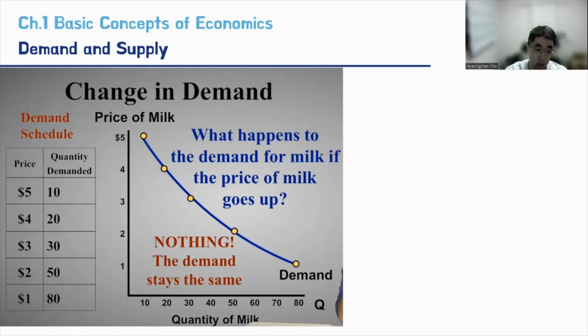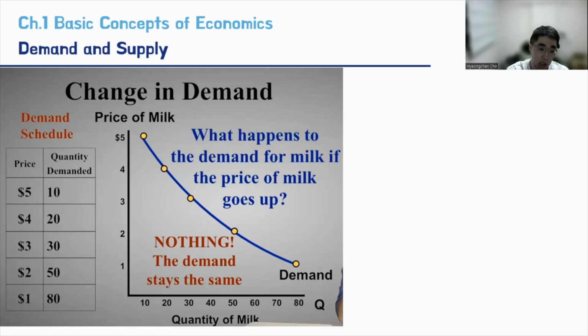So let's check the chart. When the price goes down, the quantity demanded goes up. When the price goes up, the quantity demanded goes down. It's like this.